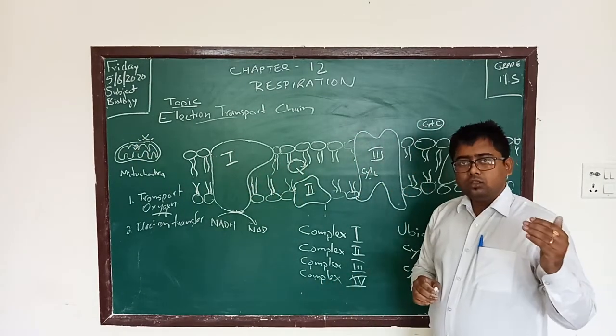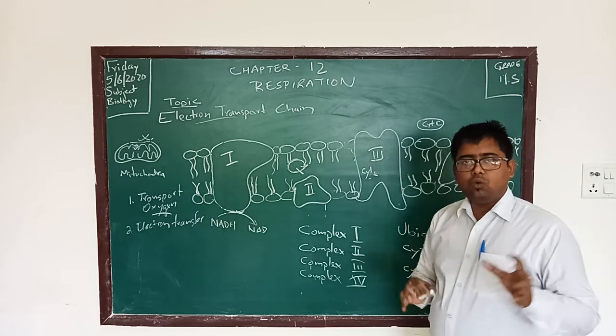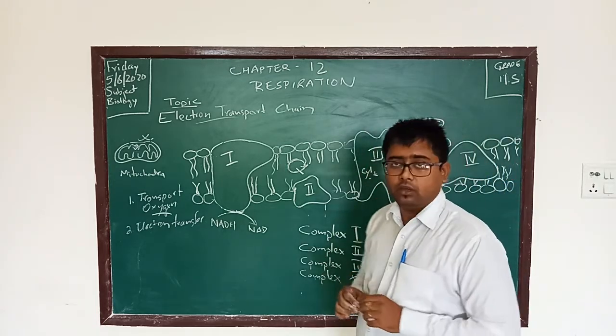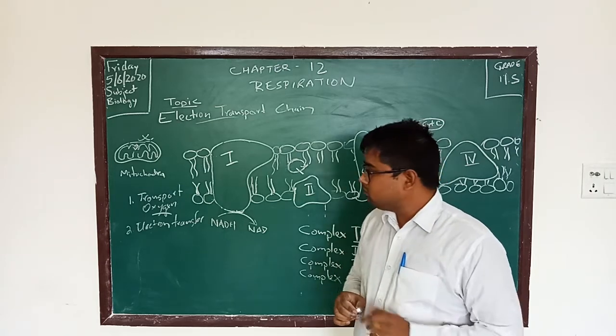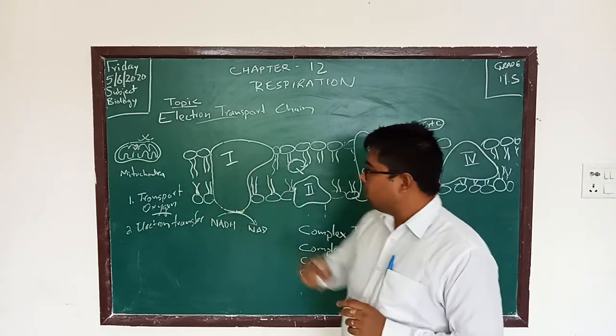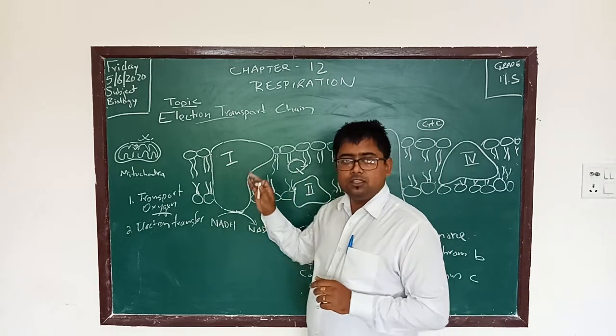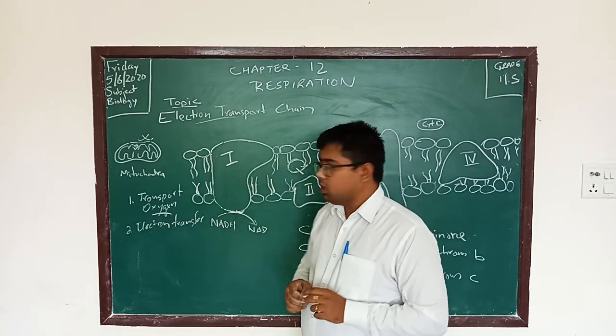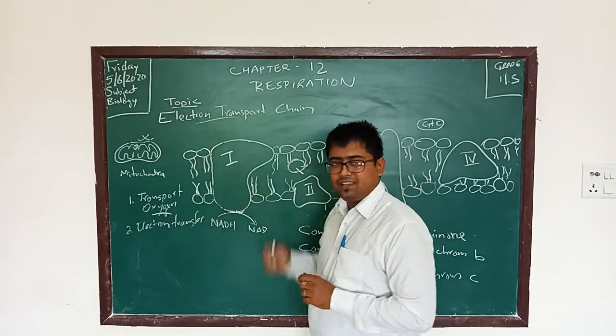Let us have a look at what the requirements are to understand an electron transport chain. First, we should know its location, that is in the mitochondria, and at the same time, it is on the lipid layer. The lipid layer has proteins.